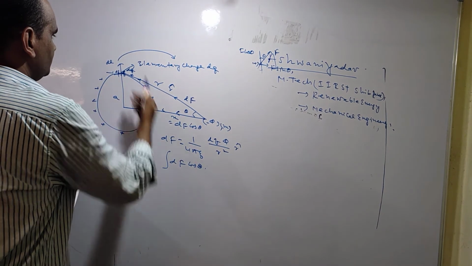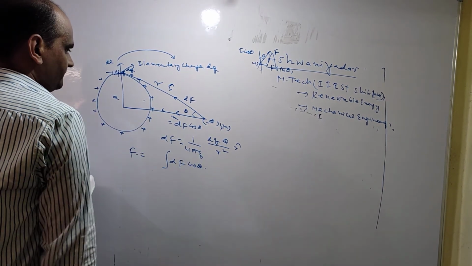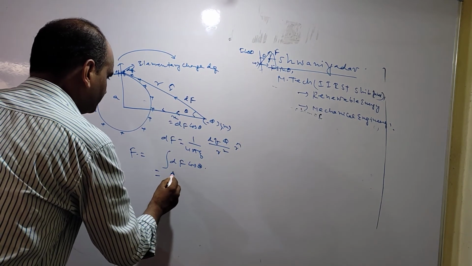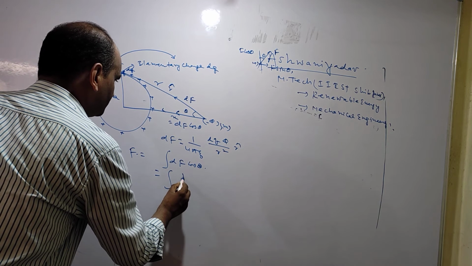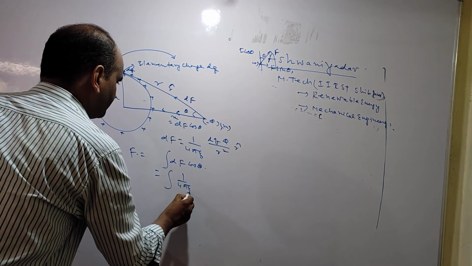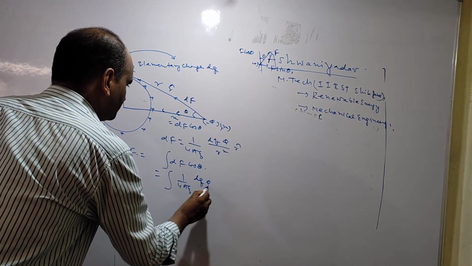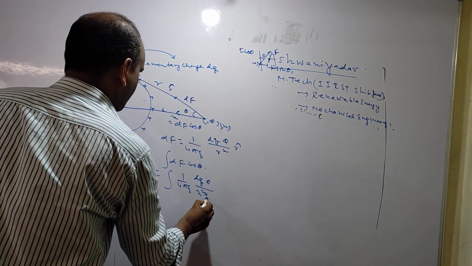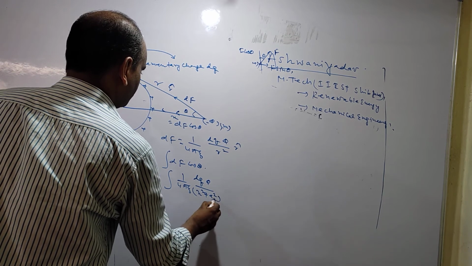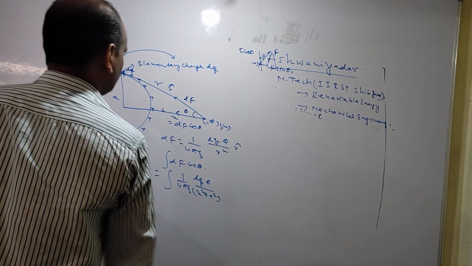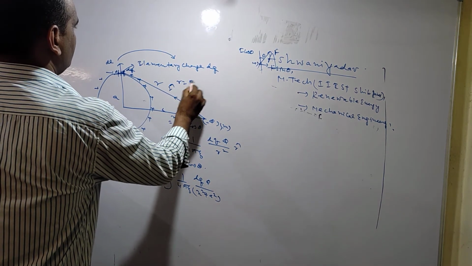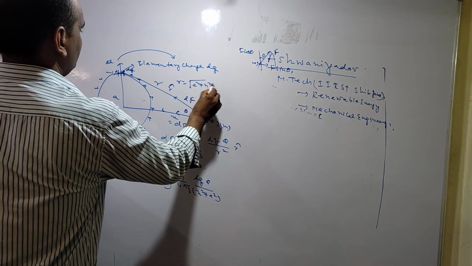Perform the integration and you will find the total force F. So we are dealing with this quantity dF. The magnitude of dF is 1 by 4 pi epsilon naught, dq q by r square, where r square is nothing but x square plus a square. Okay, r is under root x square plus a square.